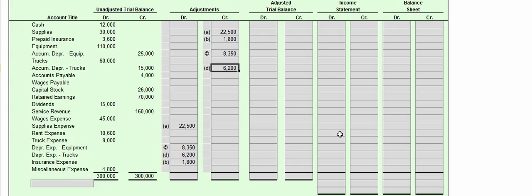E, wages accrued but not paid at March 31st are $600. Okay, on E, that's going to be a debit to wages expense. And that gave us a funny sign too. I believe I'll take the brackets off of these. Maybe there'll be more.